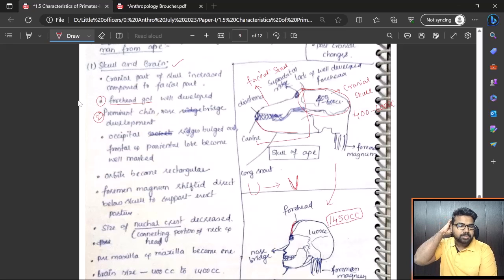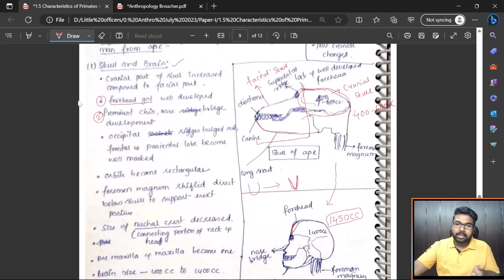As the brain expanded, ultimately there has to be a compromise on the face, because I told you in the earlier class, emergence of the man, if the brain is expanding and face is also big, then there will be a very big face and skull, and that will reduce the chances of survival of the baby during the birth, because the birth canal is only that much.